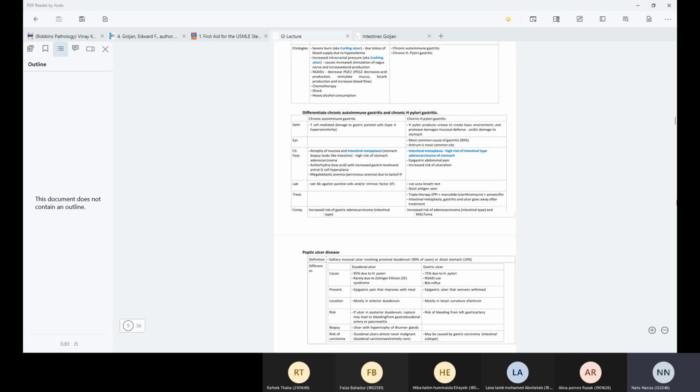For that reason, the marker will be negative for that. And they might mention immunohistochemical markers that do not show epithelial, and either it will show mesenchymal markers or it will show lymphoid markers, but definitely not epithelial markers like keratin and mucin. Those will be negative.